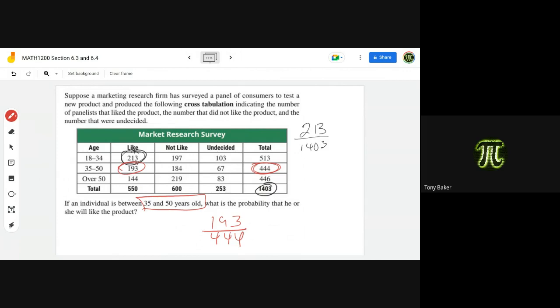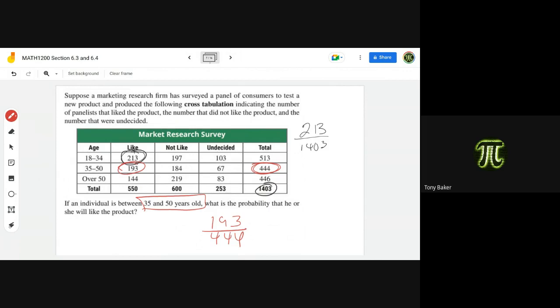They didn't like the product, so the 219 and they're over 50. What was the initial thing? They didn't like the product, right? So that is going to be where I'm getting my total. So it's a 600 over, and then over 50 is 219. So it's 219 over the 600.